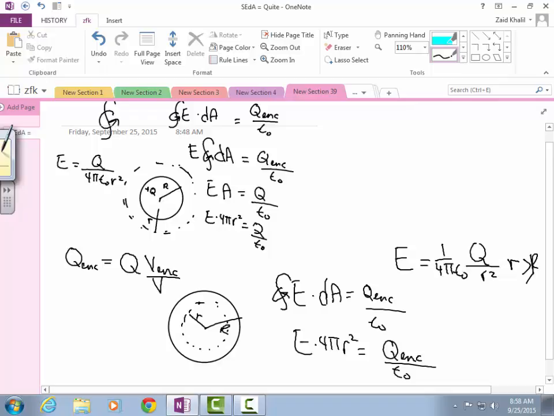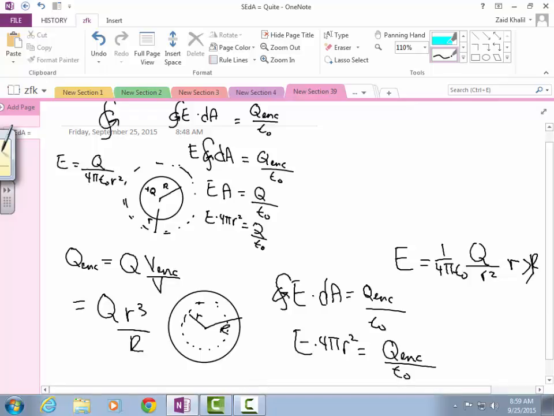Is that right? That seems reasonable. And that would leave us with what? Q times, which one? So it'd be little r cubed divided by big R cubed.